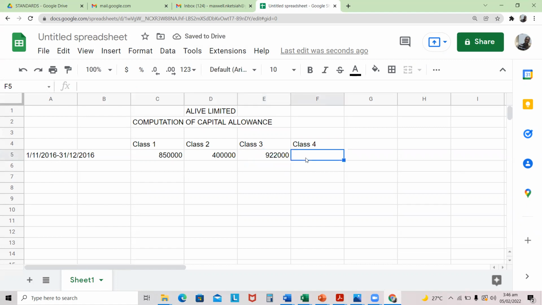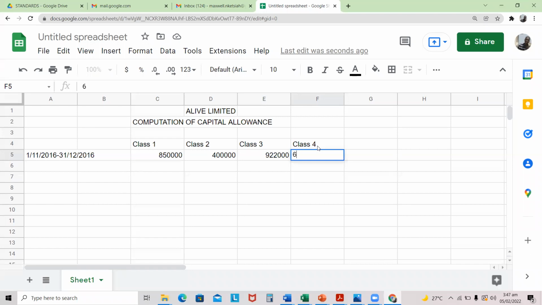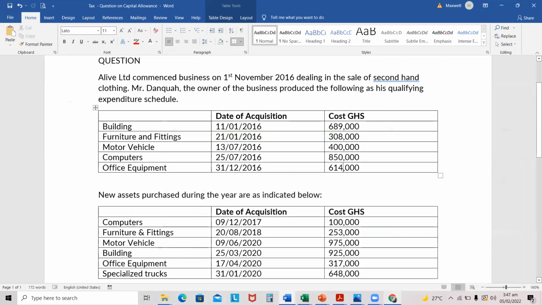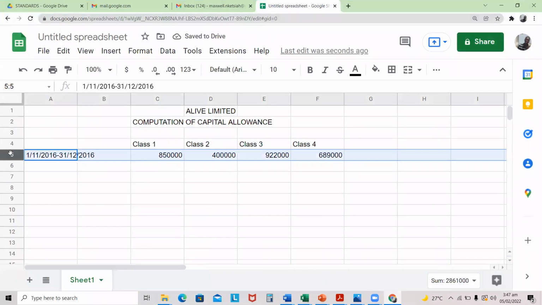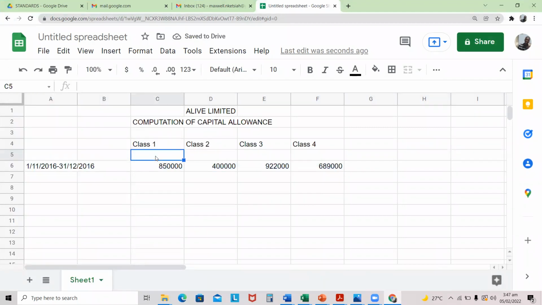Then we have class 4, which is building, 689,000. So we have the rates: this is 40%, 30%, 20%, this is 10%.